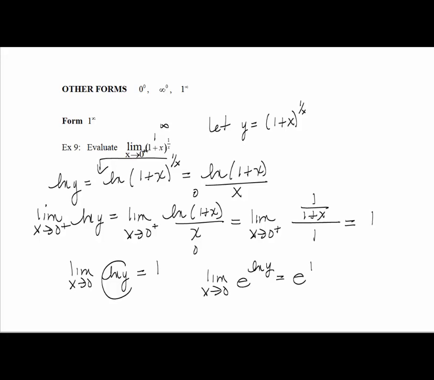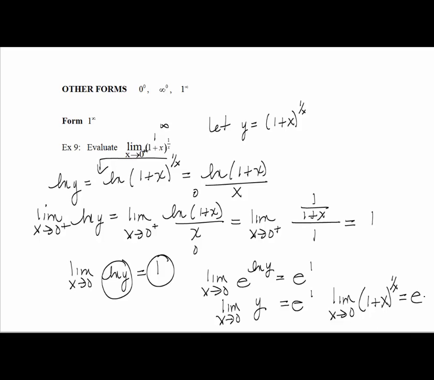And again, taking both of these functions and raising e to them, exponentiating, e to the natural log of y is equal to y. So we get the limit as x approaches 0 of y is equal to e to the 1, or just e. That means the limit of my original function, because y was actually equal to (1 plus x) to the 1 over x, is equal to e.